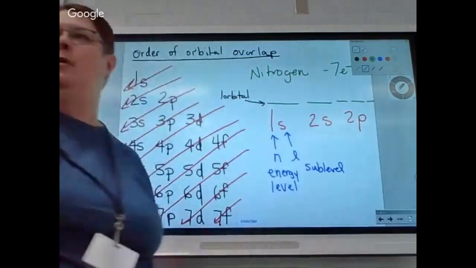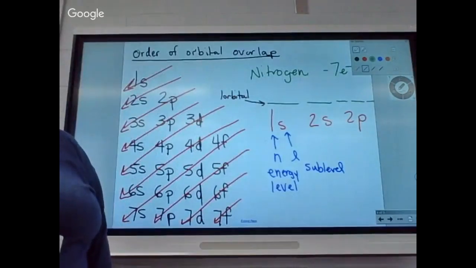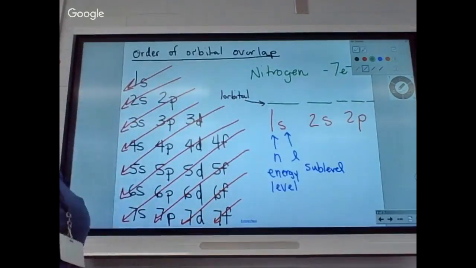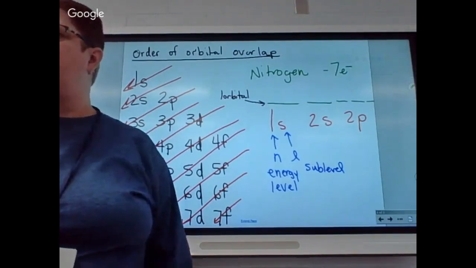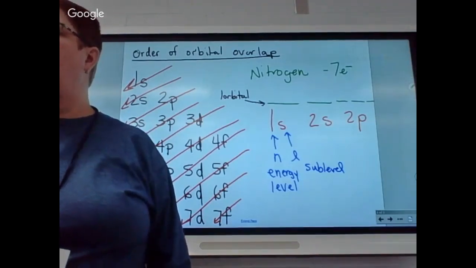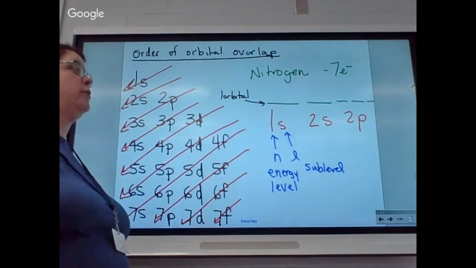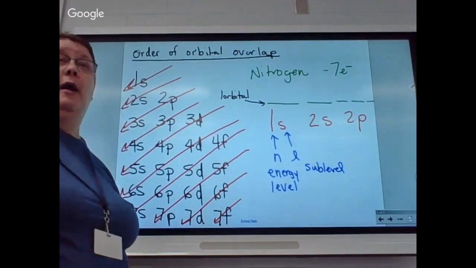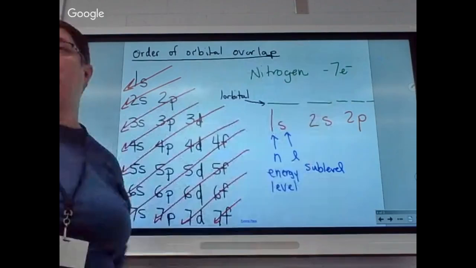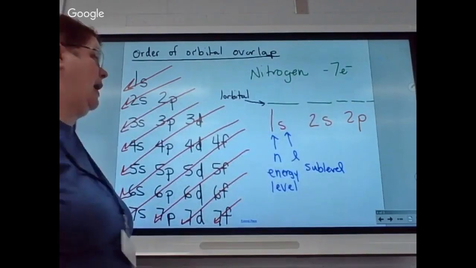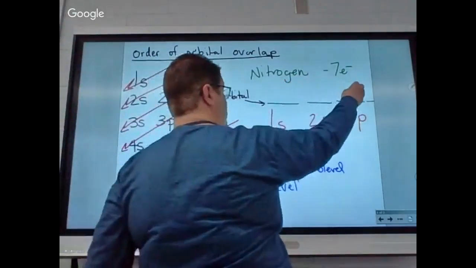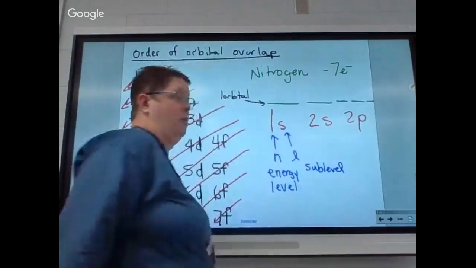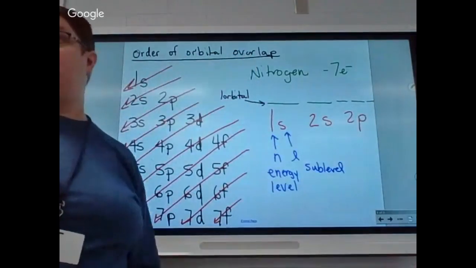We draw them side by side. P has 3 orbitals, so I drew 3 lines. Now, each of those lines could have how many electrons? So I have enough space for 2, 4, 6, 8, 10. I only need enough space for 7.